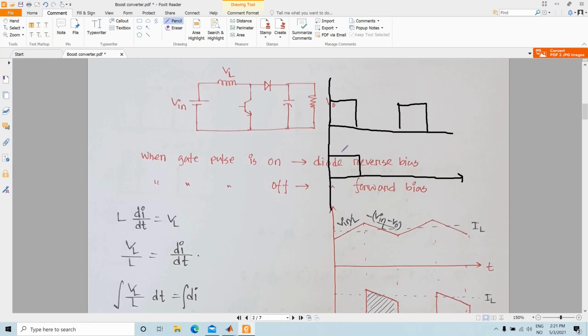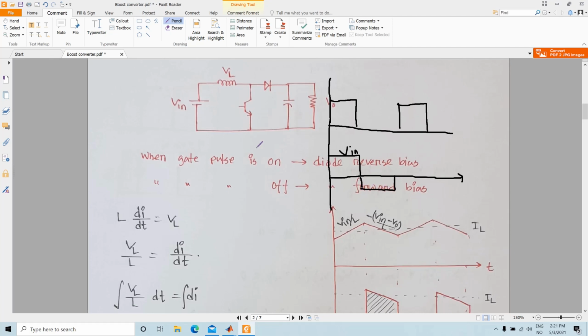So this value is equal to Vin. And when this switch is off, at that time VL is equal to Vin minus Vout. So VL is Vin minus Vout. Vout is higher, so here something like this.